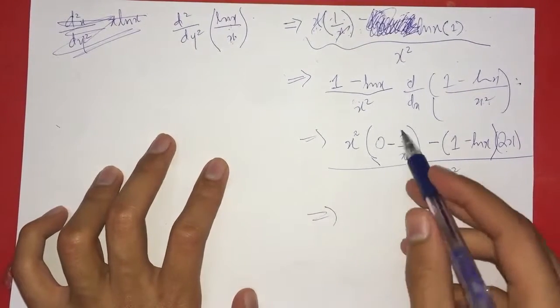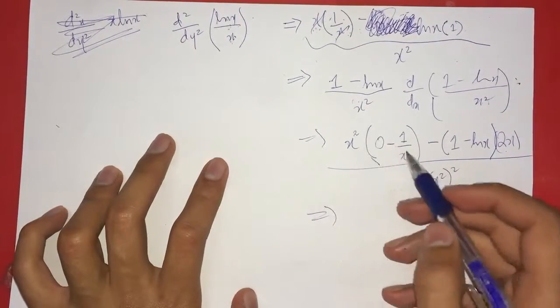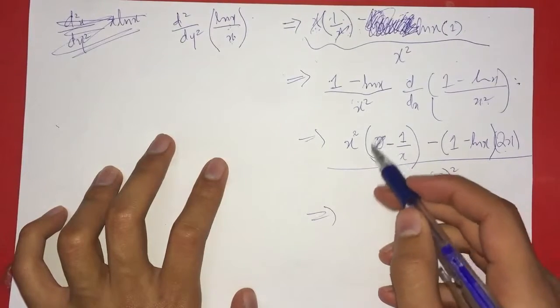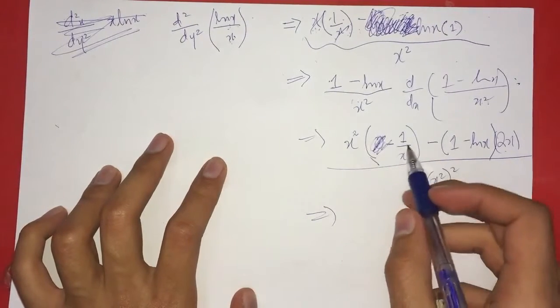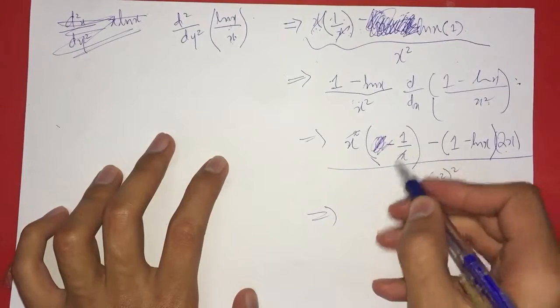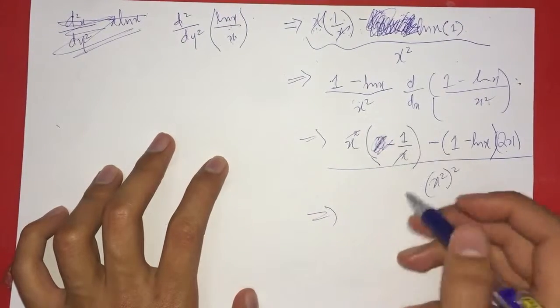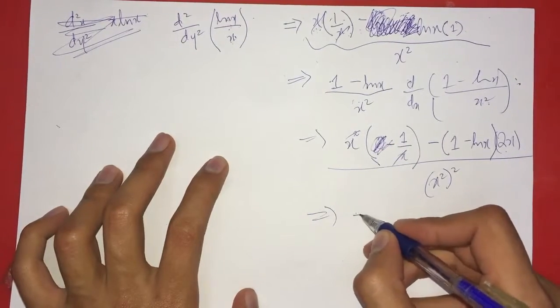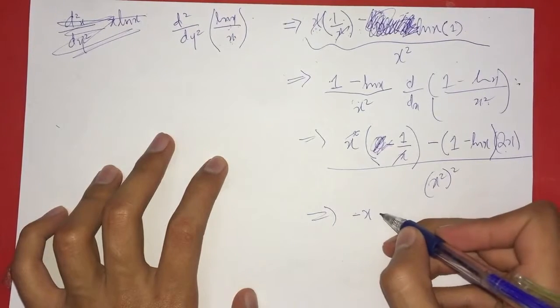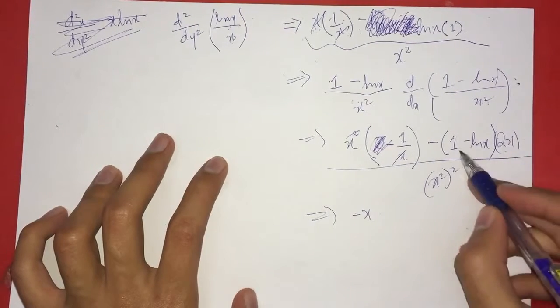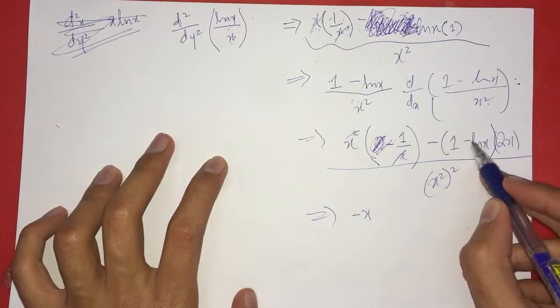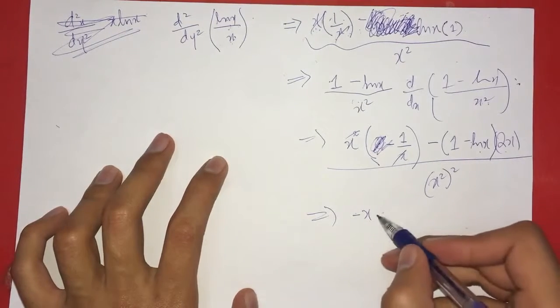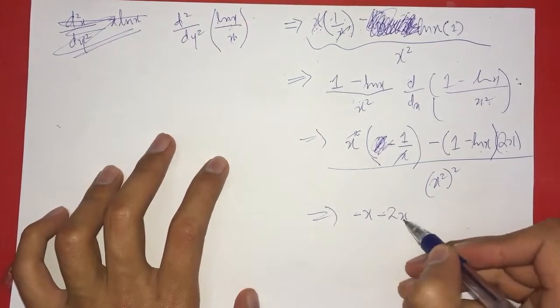So by this what you get is x squared. So 0 is going to be ignored, so you have x squared into minus 1 by x, so x is cancelled out, and x into 1 is a minus x, and 2 into 1 is 2x minus 2 log of x, so minus 2x.